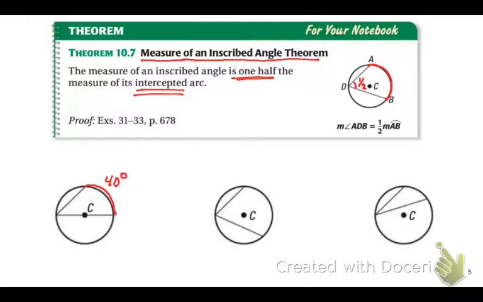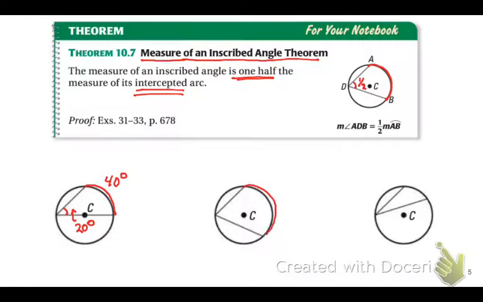So if we know that 40 degrees, we know then that this angle has to be 20 degrees. Okay. If the second circle, see, what could this be? Maybe 86 degrees, maybe?